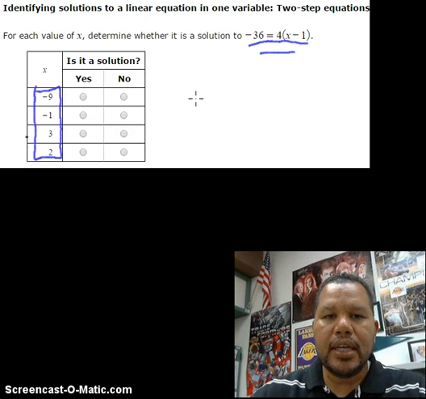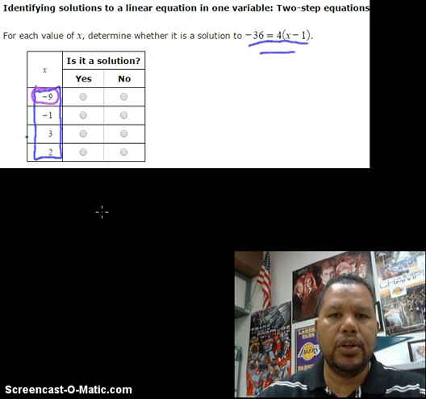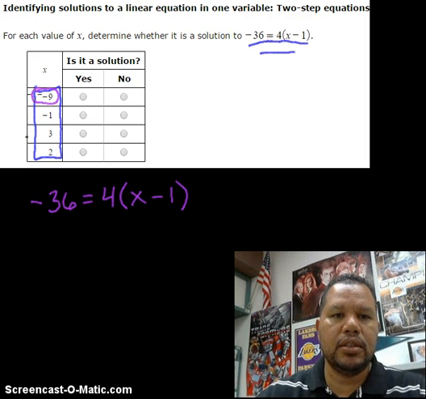And the way we tell if it's a solution is if it comes out true. So let's go with our first number here, this negative 9. So what we're going to do is take negative 36 equals 4 times the quantity x minus 1, and we're going to substitute this negative 9 in for x right there.